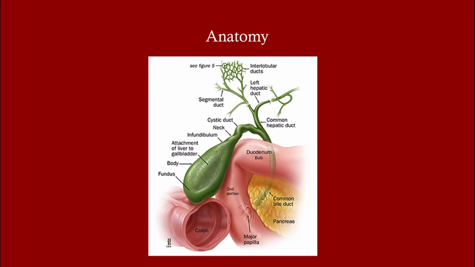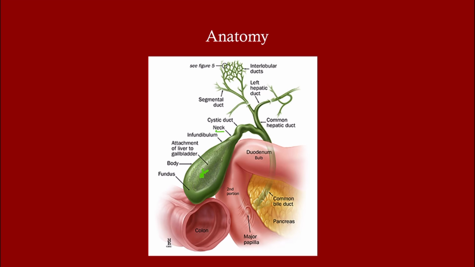All right, so here is our anatomy. So keep in mind that the gallbladder is right here. It sits inferior, posterior to the liver, but mostly inferior. Very short ducts here. These are not very long ducts, and they're also very narrow. So it's very easy for a stone to get lodged in these ducts.